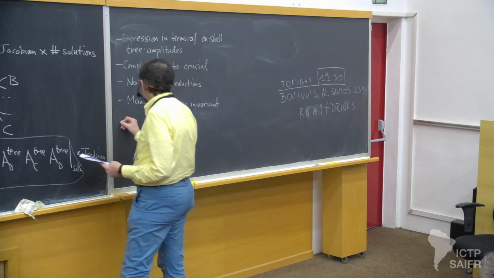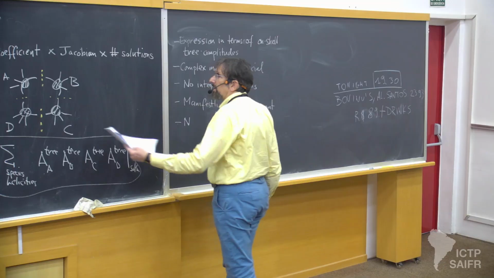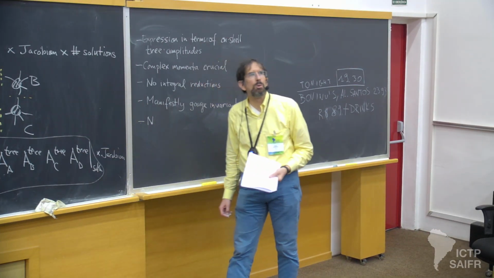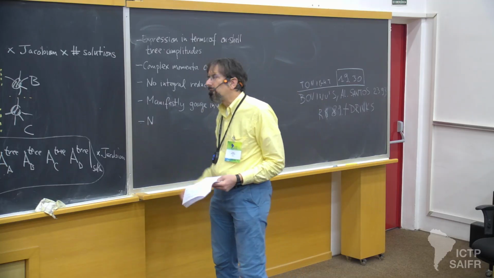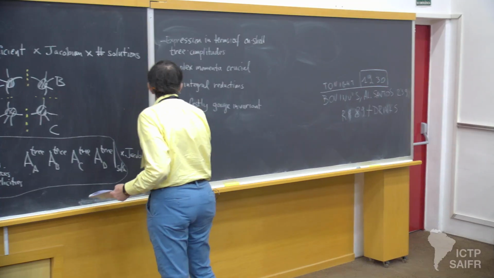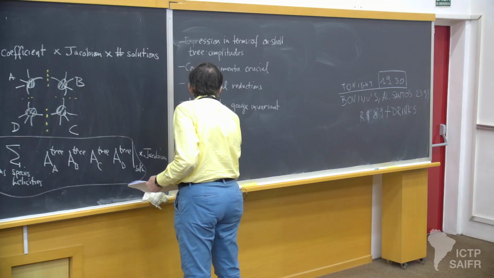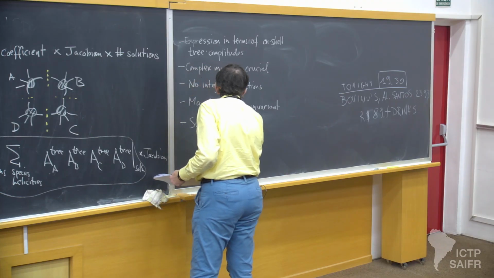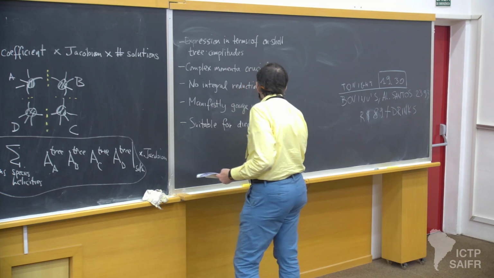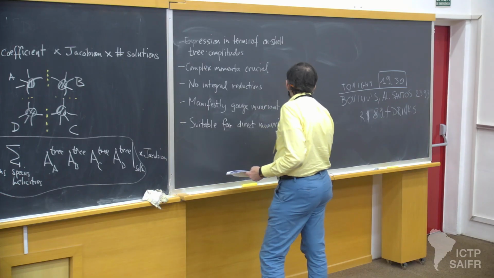Here, again, assuming you have some tool, be it BCFW or something else, for evaluating tree amplitudes, you can evaluate this purely numerically without ever having to write down a formula. So it's suitable for direct numerical implementation.